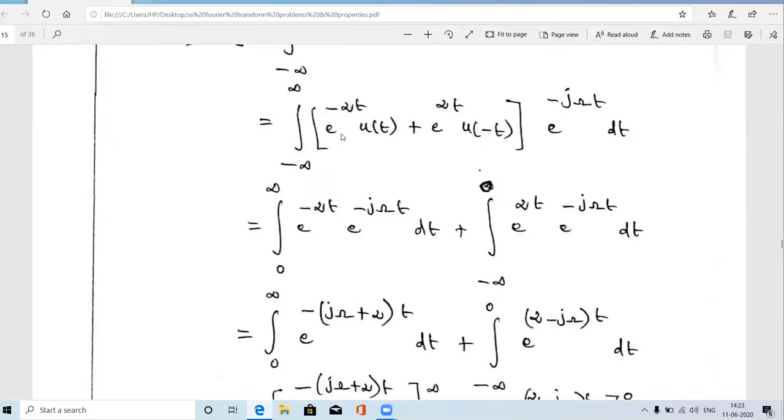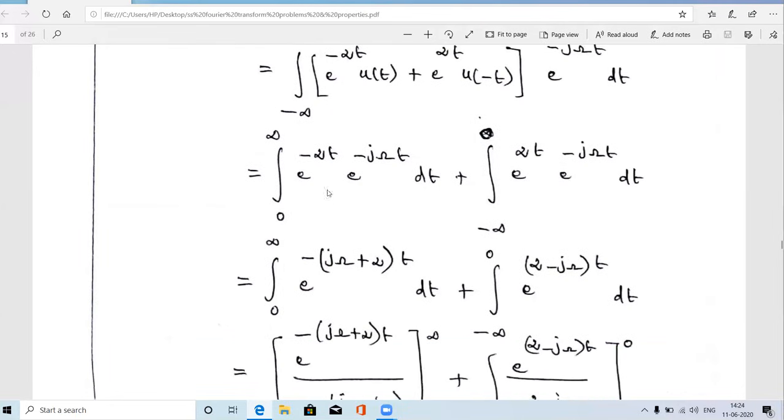That's why for the first term we restrict the integration limit from 0 to infinity: e^(-2t) times e^(-jωt) dt. Plus the integration of the second function e^(2t) multiplied with u(-t). U(-t) means this signal is available for the negative time axis, from minus infinity to 0. So that's why this integration is restricted from minus infinity to 0: e^(2t) e^(-jωt) dt.